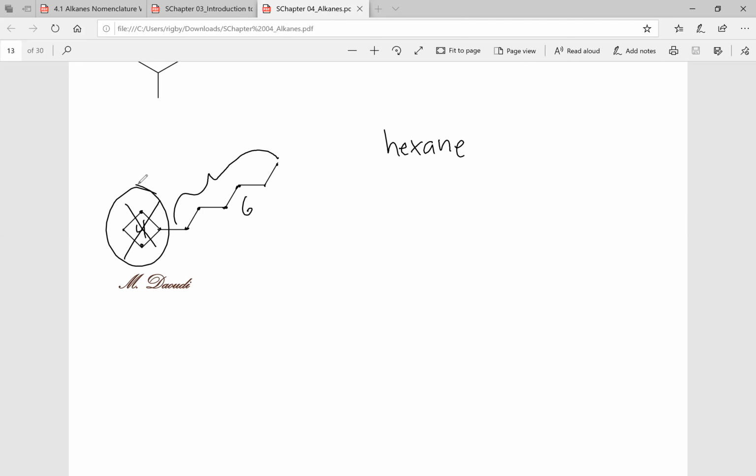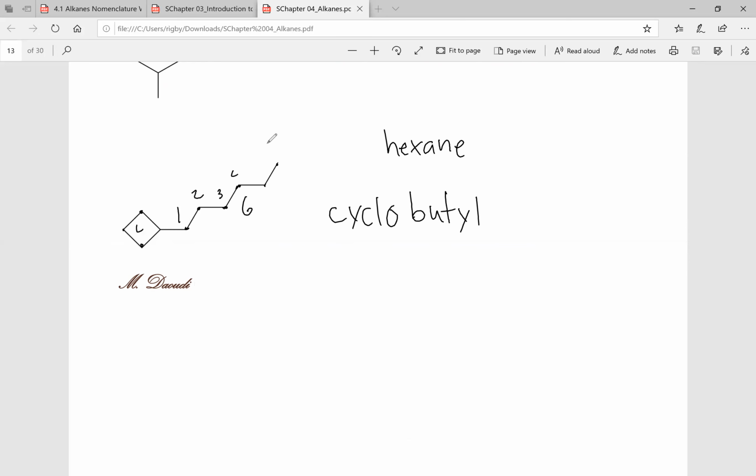And 4 carbons, that's going to be a butyl group. So this is going to be cyclobutyl. If we number our carbons on this 6-carbon chain to give everything the lowest number possible, we're going to go 1, 2, 3, 4, 5, 6, and we're going to name this 1-cyclobutylhexane.